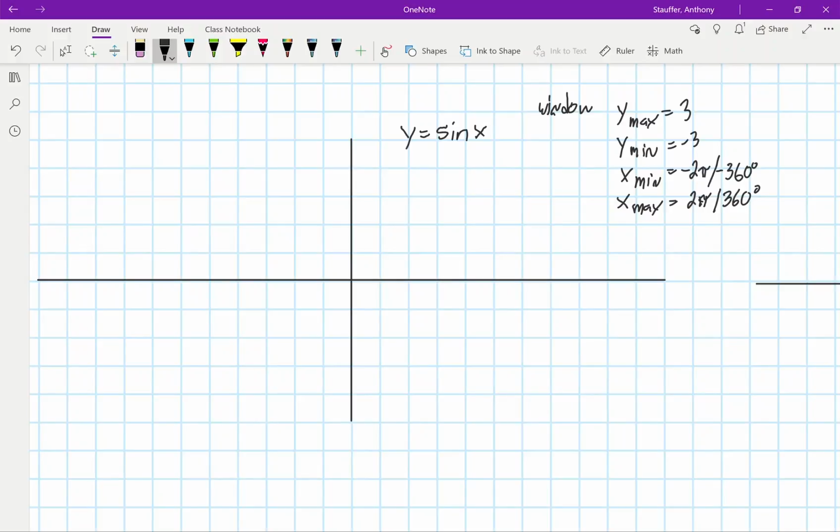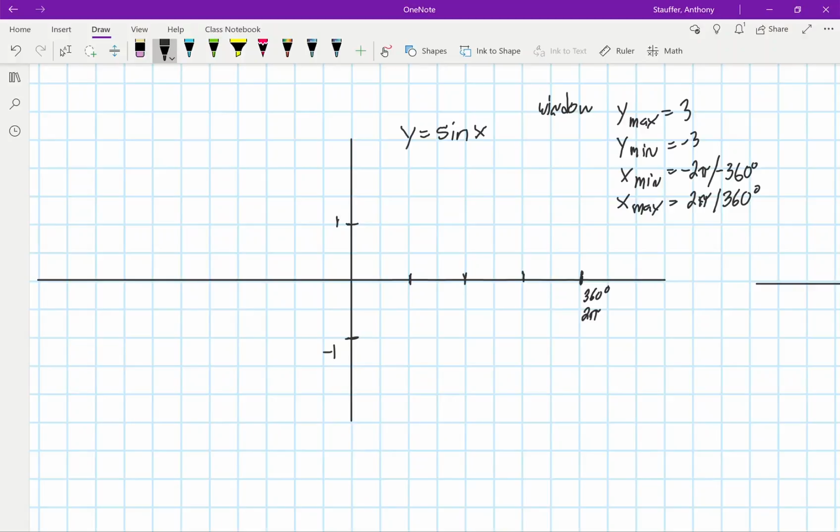So right here, I'm just going to put a couple little markers on here every 2 units. And then I'm going to label this right here as being +1. I'm going to label that right there as being -1. And then right here with this last one, we're going to say that that's 360 degrees, or that's 2 pi radians.